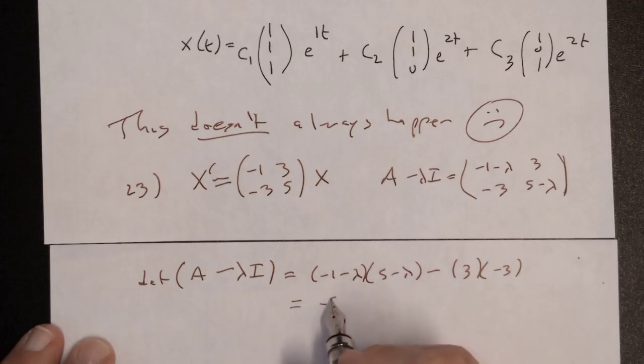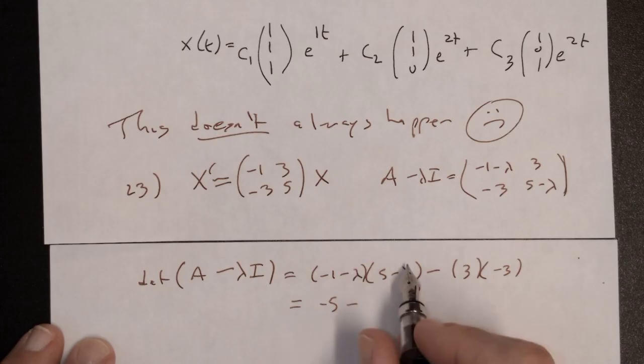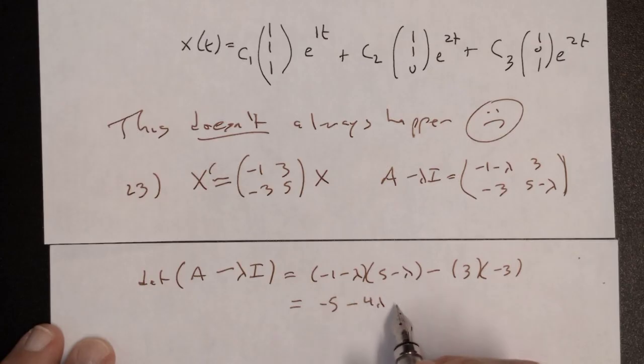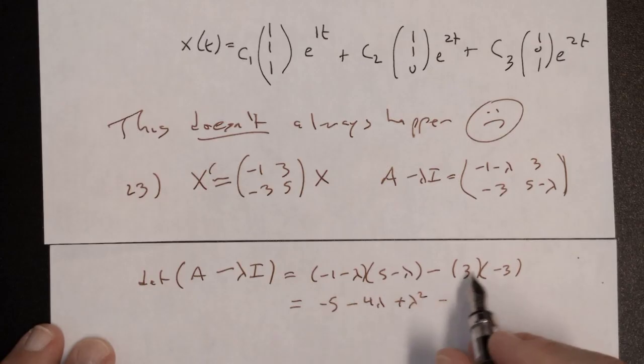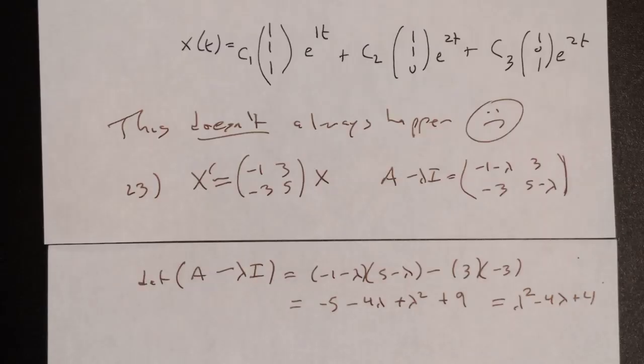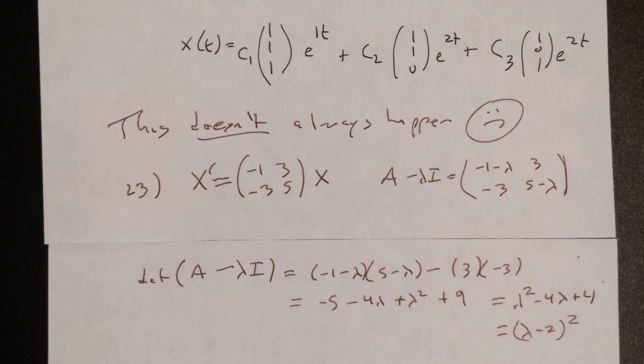This is -5 minus 5 plus 1 is -4 lambda, plus lambda squared, minus becomes plus 9. I get lambda squared minus 4 lambda plus 4, which is the same as (lambda minus 2) squared. So the only eigenvalue I have is 2.